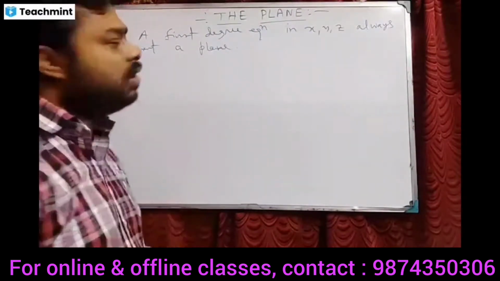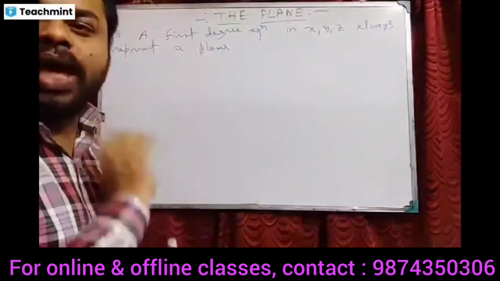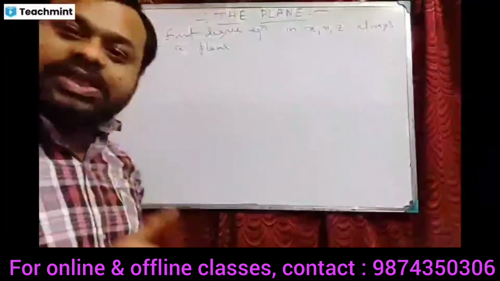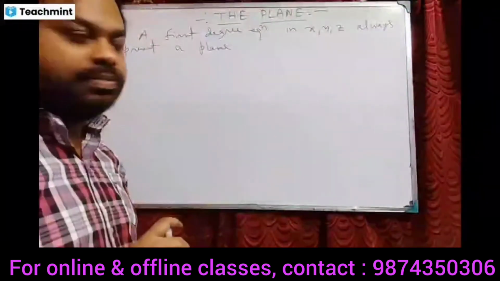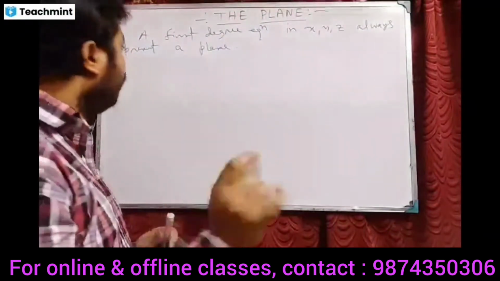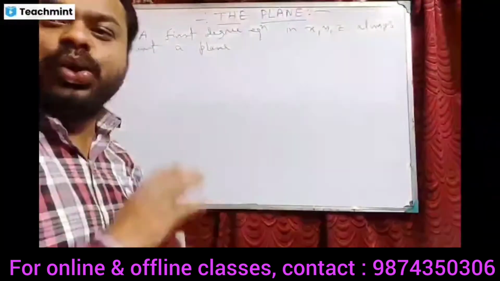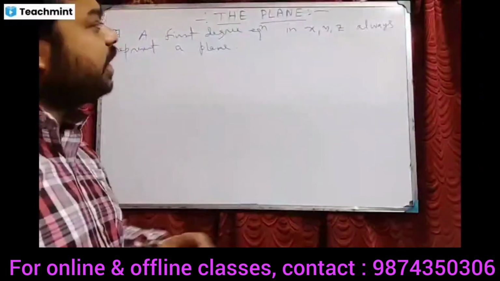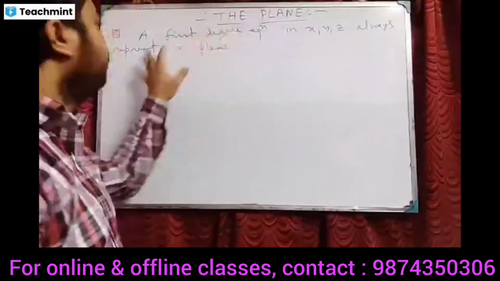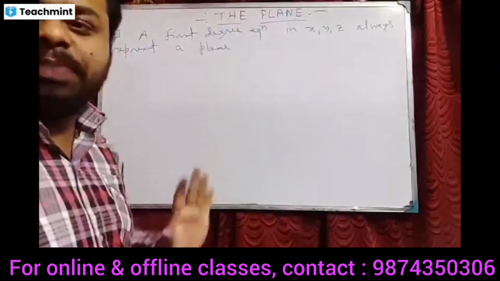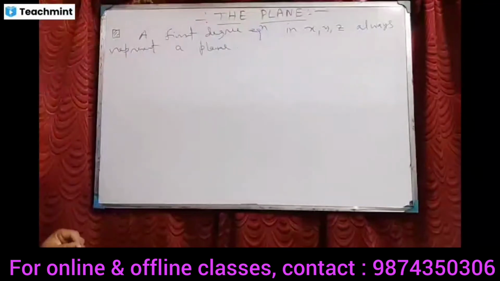Like straight line in 2 dimension, a first degree equation in XY always represents a line in 2D. And a first degree equation in XYZ always represents a plane in space or 3 dimension geometry.